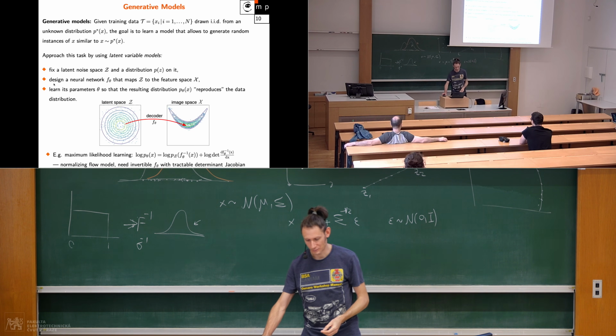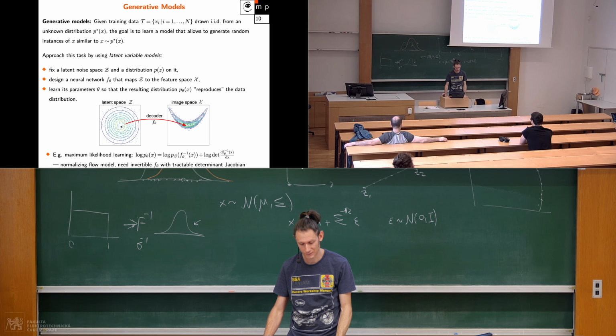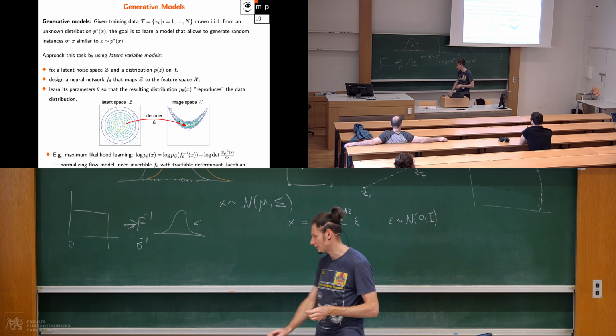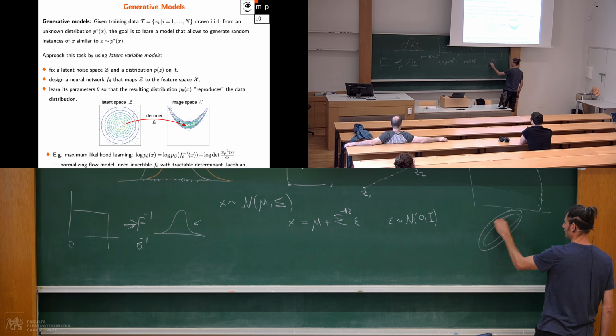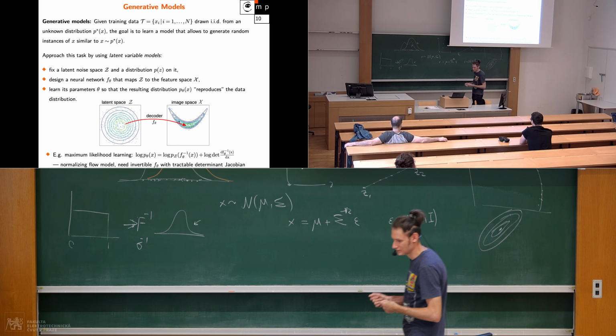In this picture, we assume some fixed standard normal distribution, and then we just linearly map it to our target space, and this could learn such skewed Gaussian distributions.